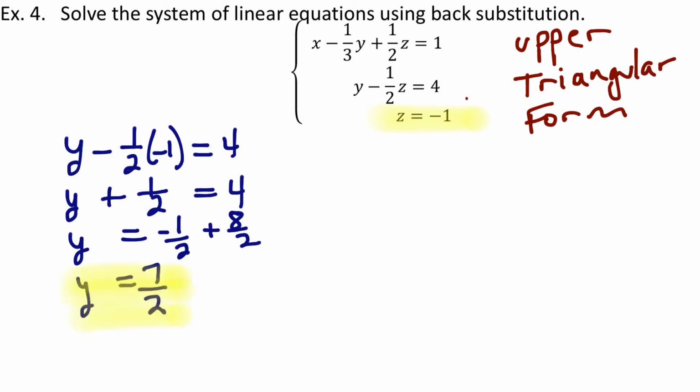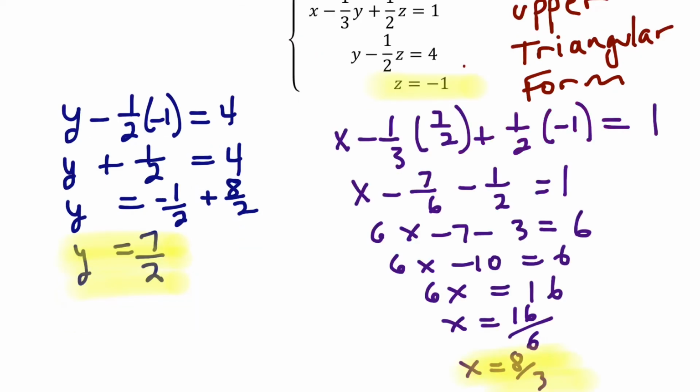And then the very last thing, going backwards with back substitution, I take my y and my z, and I put them into the first equation, and I'll be left with just an x. So I carried out all of that work here, working it all out, and I get x is equal to 8/3.